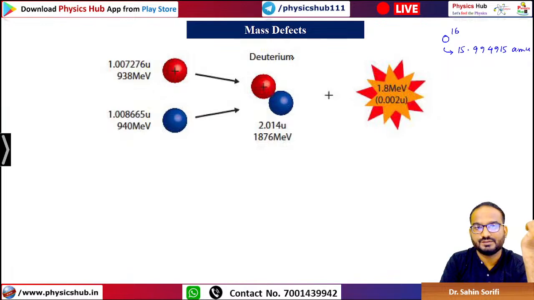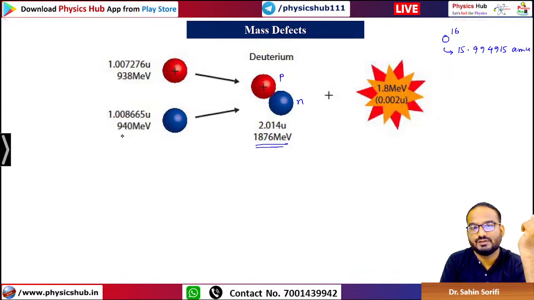In the case of deuteron, the deuterium nucleus consists of one proton and one neutron, right? The proton has a mass of 938 MeV, the neutron has a mass of 940 MeV, but the deuterium as a whole has a mass of 1876 MeV.